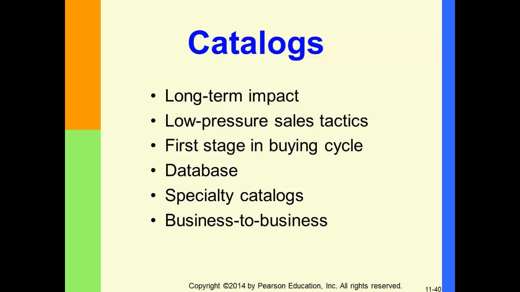Rather than large catalogs sent to masses, companies use databases to send catalogs to individuals most likely to use them. When we used to send out our catalogs, it used to cost about $1.50, give or take, per individual for the postage. And I'm not thinking that really took into consideration the production of it, but we really had to narrow it down.